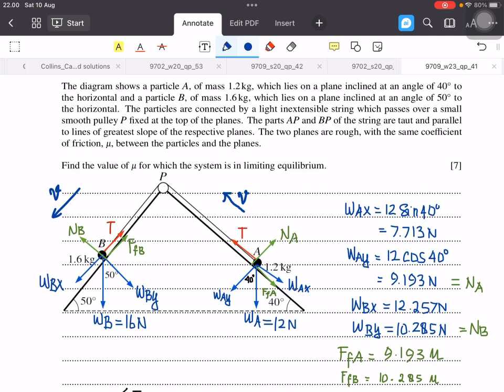And then WAX is WA sine 40, WAY is WA cos 40, and the normal contact force on particle A is the same as WAY. We do the same thing with WB, WBX, and WBY.